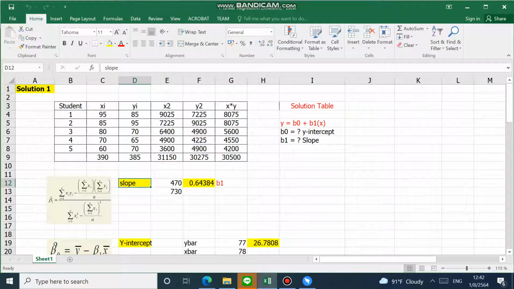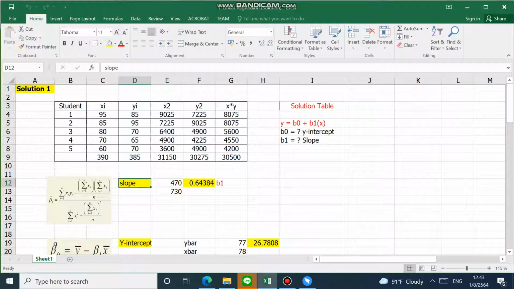You need to create 3 more columns, x squared, y squared, and x times y, because you need a summation of x squared, summation of y squared, and summation of x times y. And then when you get sum of x squared, y squared, and x times y, you should substitute into the slope formula to compute slope.